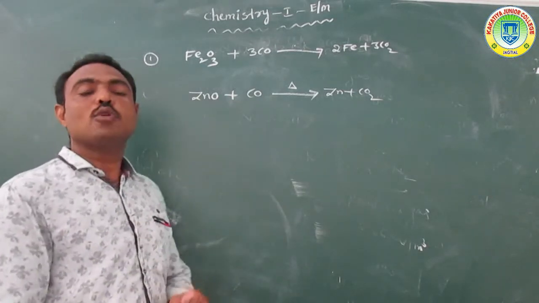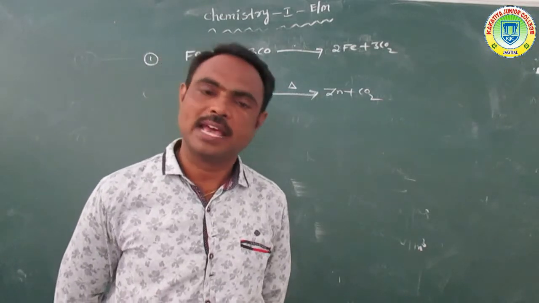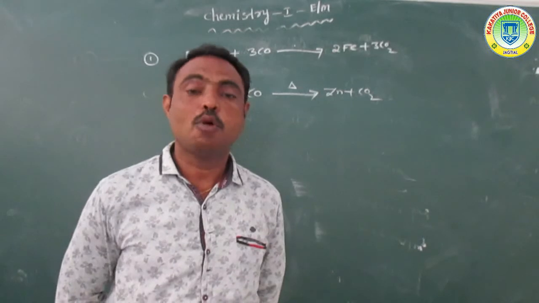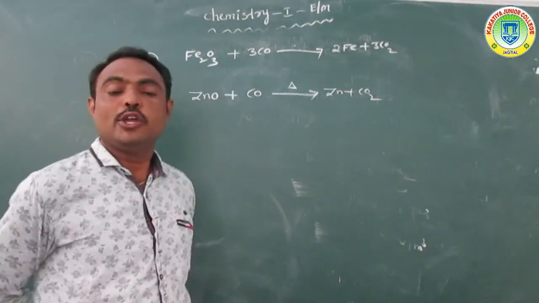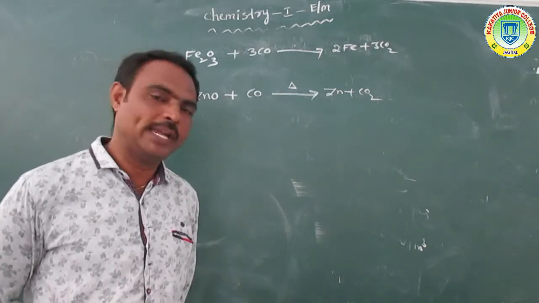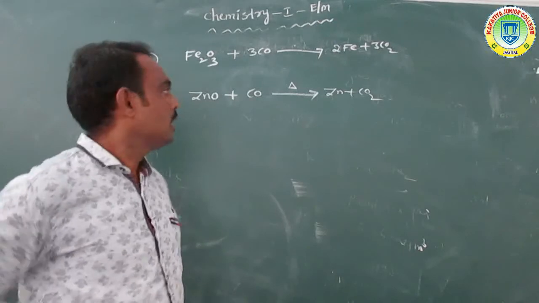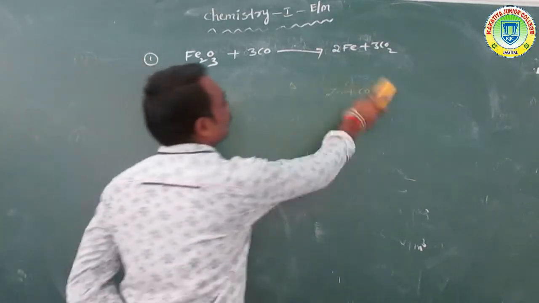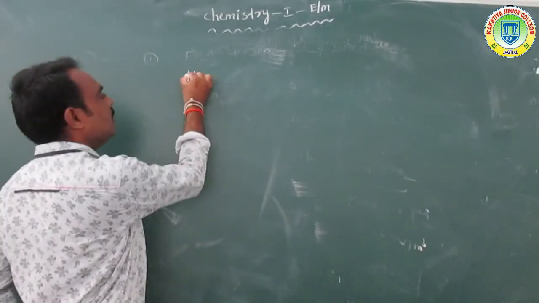Overall, carbon monoxide is a very dangerous or poisonous gas. Commonly, our human body contains blood. That blood contains hemoglobin, which is indicated with Hb.